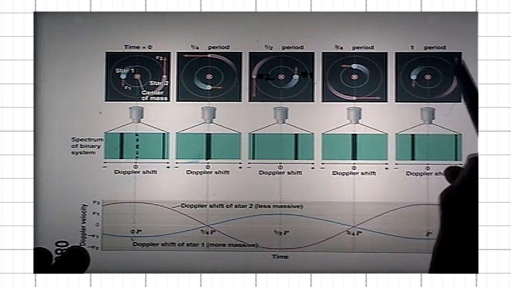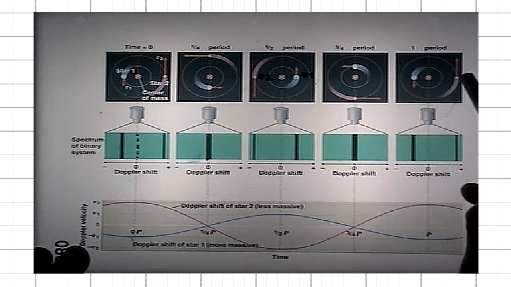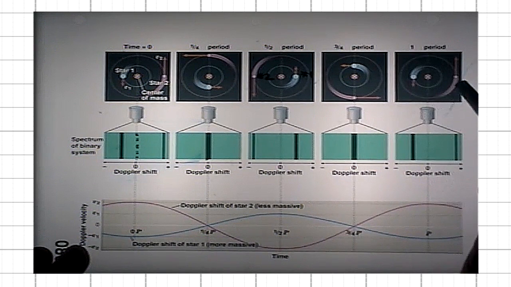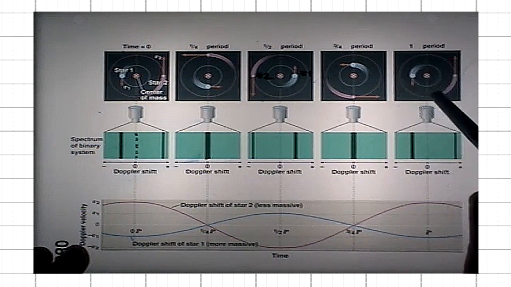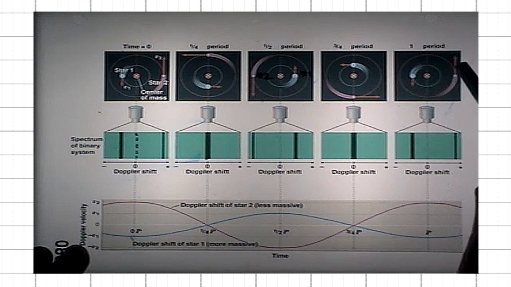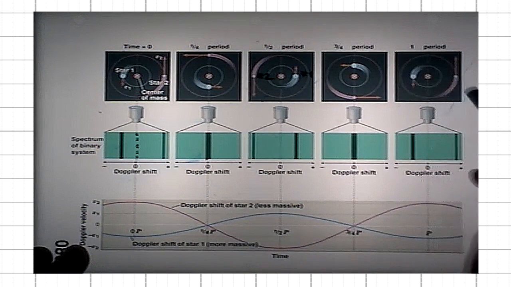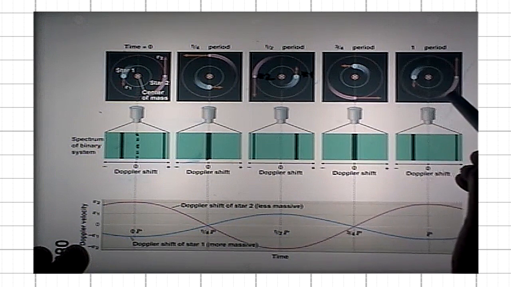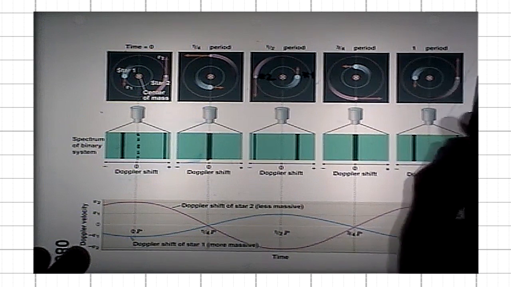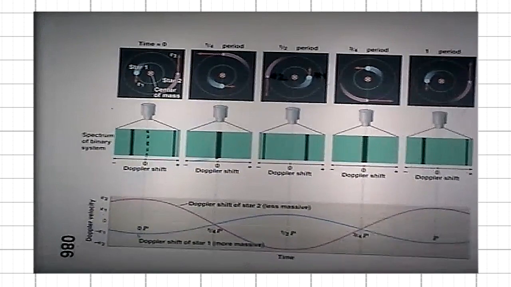If I know their orbital speeds and I know the period, I can find out the circumference, because I know that they will complete one full revolution in one period, and I know the speed of motion. And I know the distance, the circumference that they travel in one period. From that, I can find the circumference of this circle, and from it, its radius. So again, I can find the orbital data of the two stars, okay?